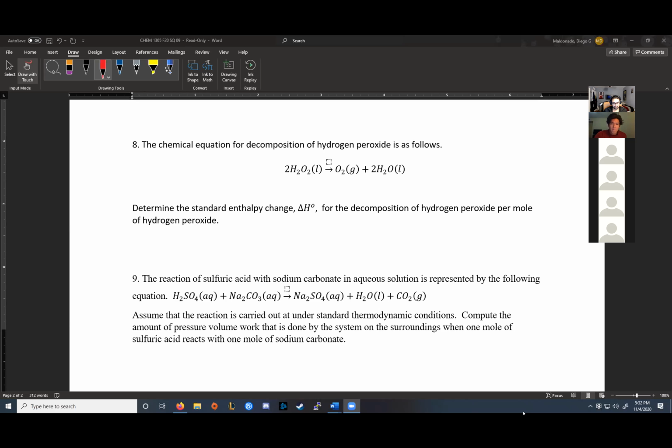For water, it's negative 285.8, right? And we also always multiply it times the moles, right? So how many moles of water are there? 2. 2, right? Yeah, 2.